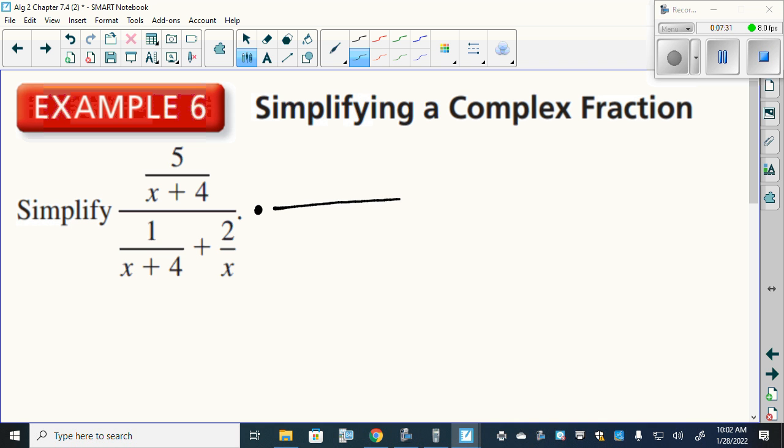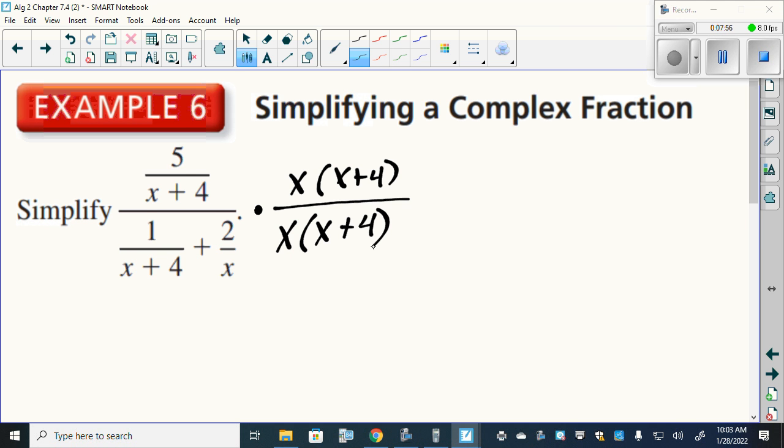So on that thought process, maybe I can multiply the numerator by x times x plus 4 and the denominator by x times x plus 4, because x times x plus 4 over x times x plus 4 is just 1. So it's not changing it, it's just changing how it looks.